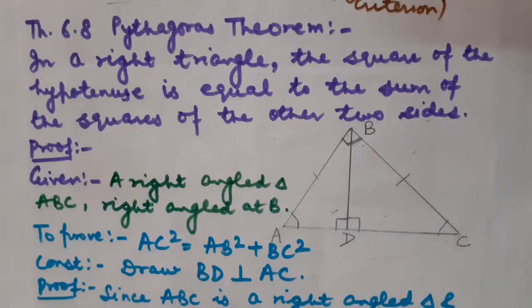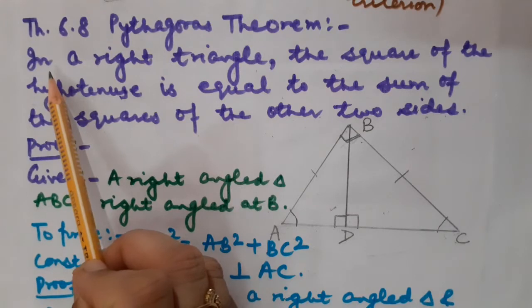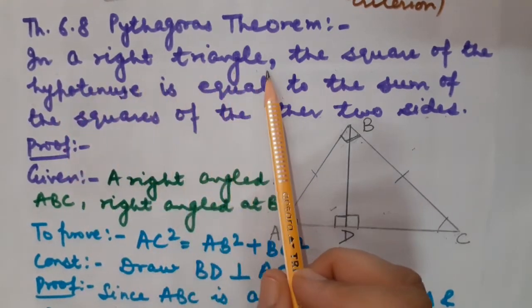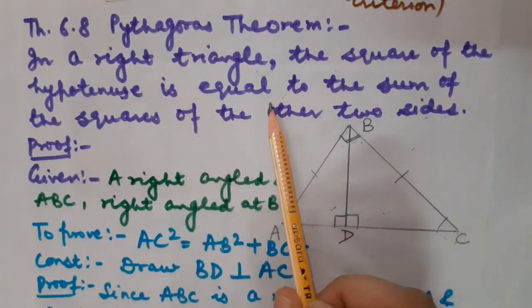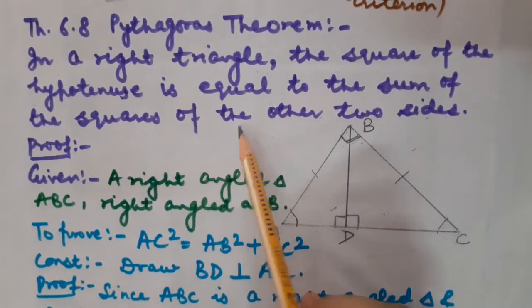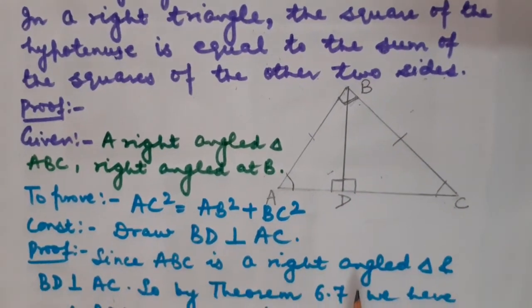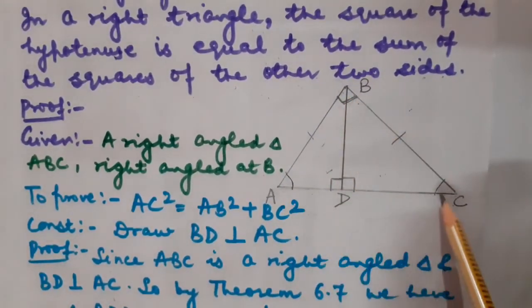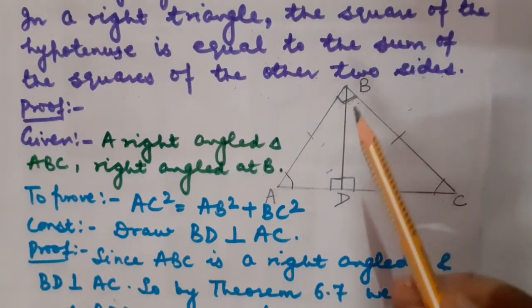Now here comes the most important theorem, that is Pythagoras theorem. So let us give a quick recall to the proof of this theorem. In a right angled triangle, the square of the hypotenuse is equal to the sum of the squares of the other two sides. Okay. So children, here you can see that this is a right angled triangle which is right angled at B. Clear?